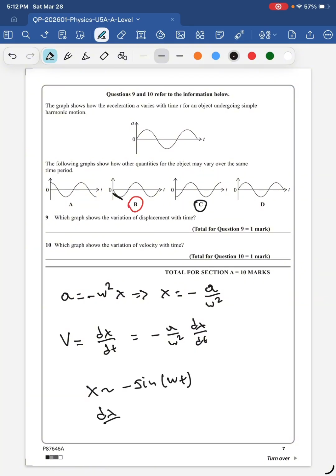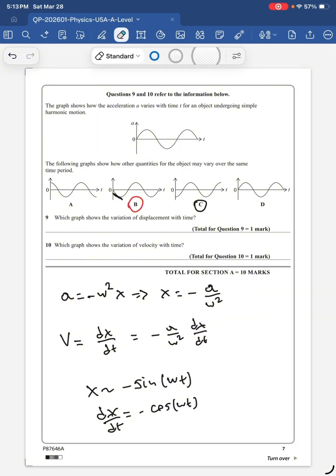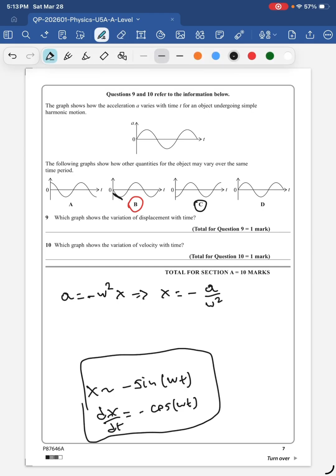So dx over dt is simply minus cosine omega t. Okay, I think this is unnecessary over here because it creates confusion. So this is a better explanation. x is proportional to minus sine omega t because the acceleration looks like a sine function, therefore the displacement is minus a sine function, and then the derivative of a sine is a cosine, so C is the correct answer.